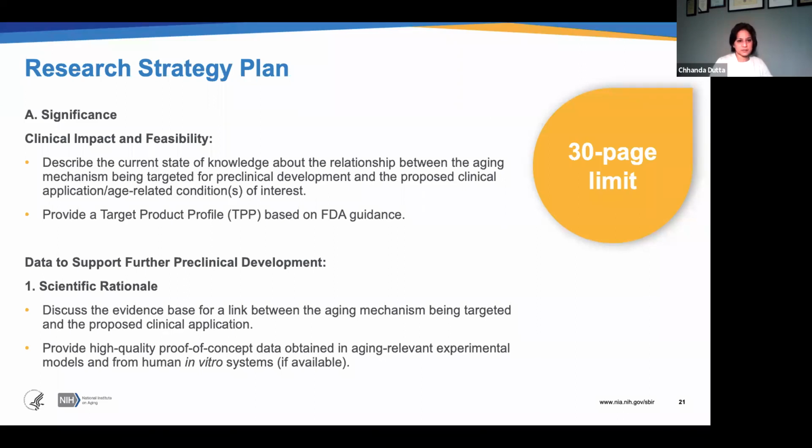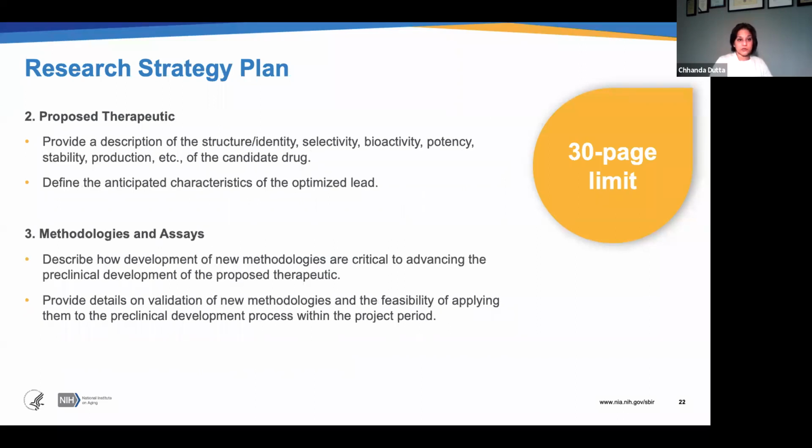Next slide, please. Research strategy plan continued: proposed therapeutic and methodology and assays. In terms of the proposed drug that you're hoping to develop, obviously we'd like to hear about the structure, the chemistry, the potency, and the stability of the candidate drug. And again, one of the unique features of this RFA is that it enables you to develop the methodologies you need as part of the preclinical development plan.